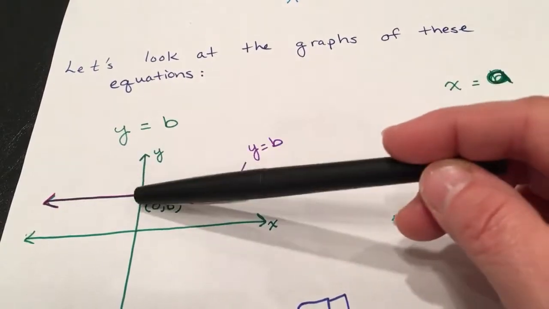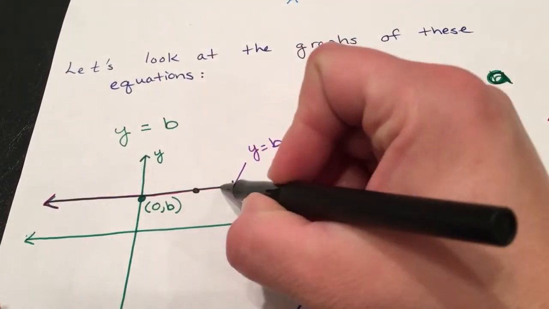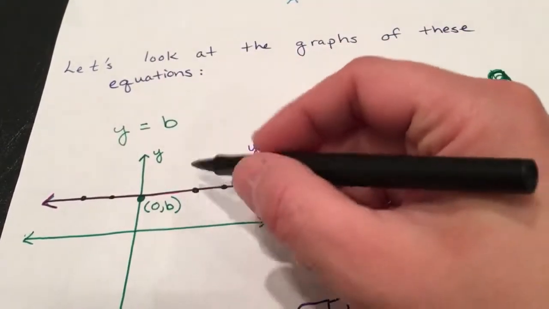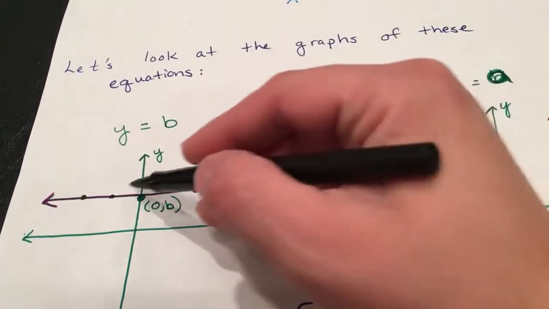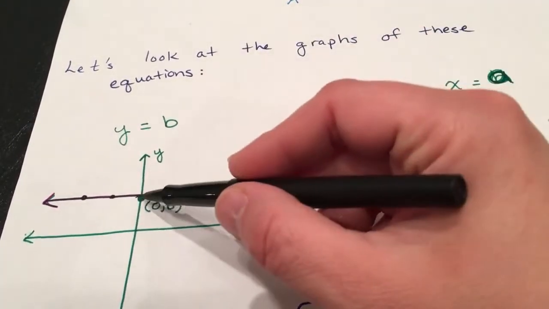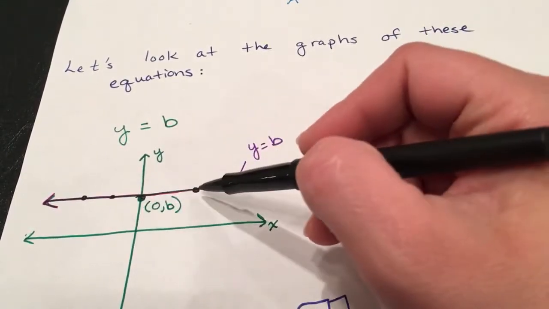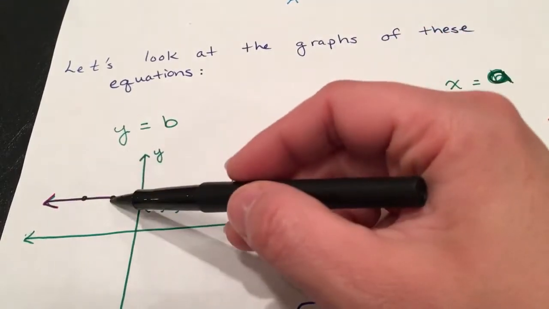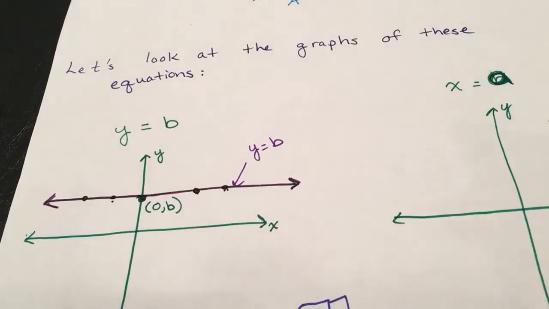So if I pick any point on this line, these are all just going to have the value of whatever this b is. So if b was equal to 2, then this might be (3, 2), this might be (4, 2), this might be (-1, 2), (-2, 2).